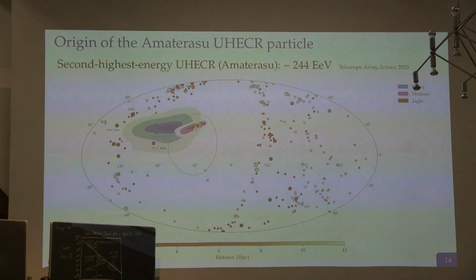So people were wondering why then we have one of the highest energy particles we've seen coming from a region of the sky where there seems to be nothing that could produce it.